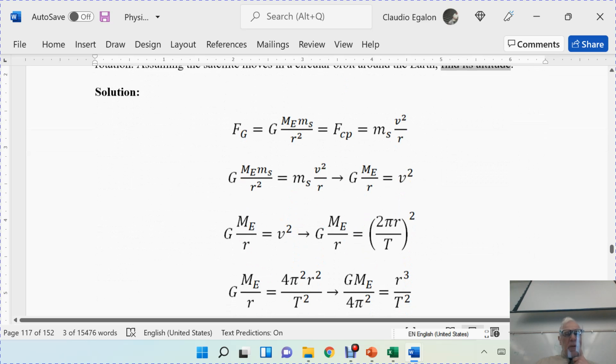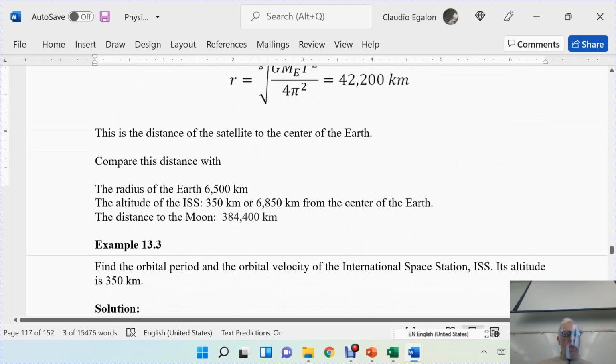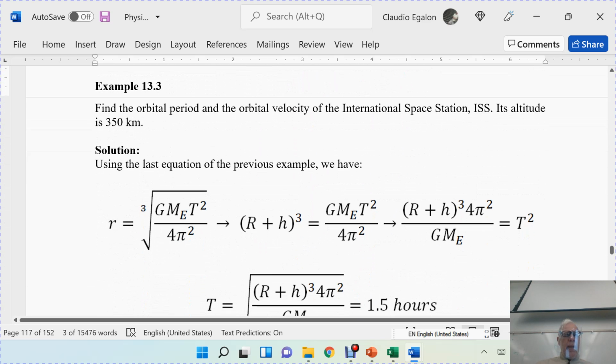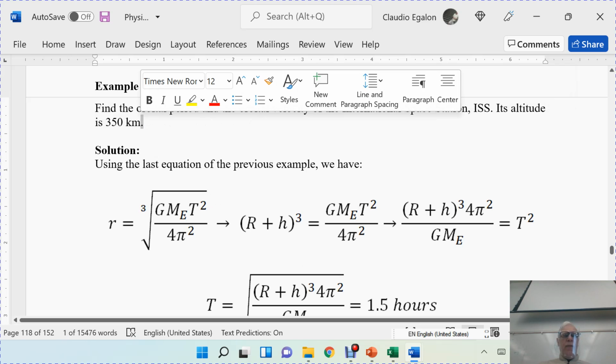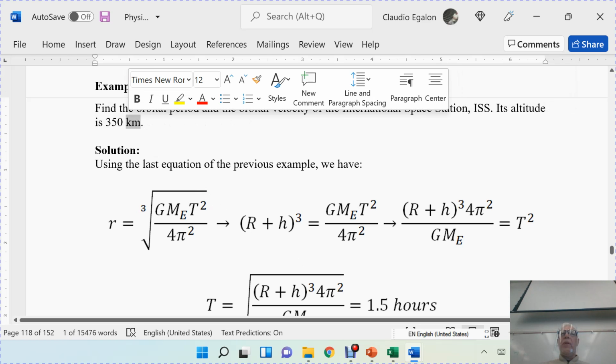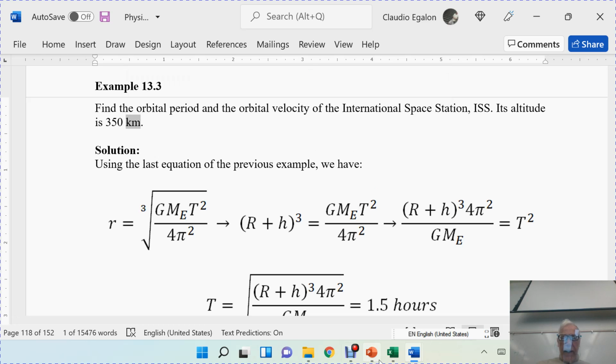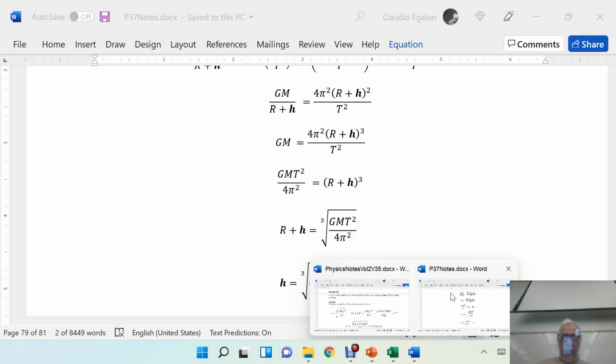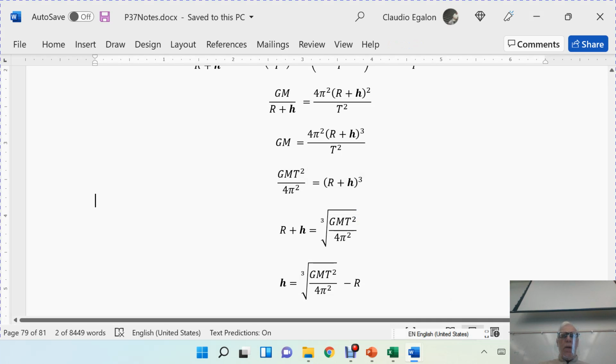So let's see what's going to be next. Okay, we did a geosynchronous satellite. Here we go. We can also find the orbital velocity of the International Space Station at an altitude of 350 kilometers. It's possible to do that. So all you gotta do, go back. Here you go. We go back to that derivation that we got before, right in here.